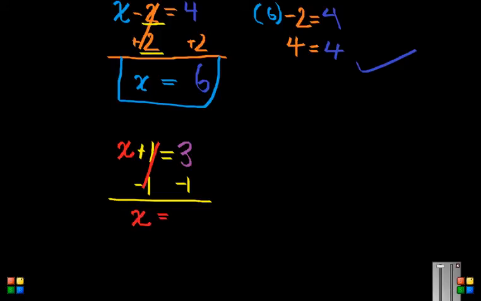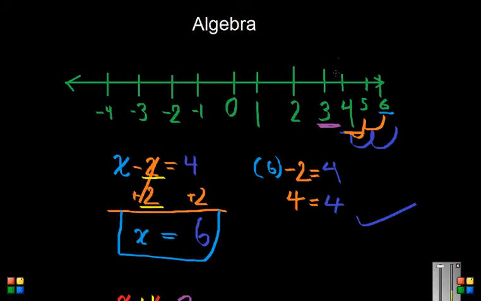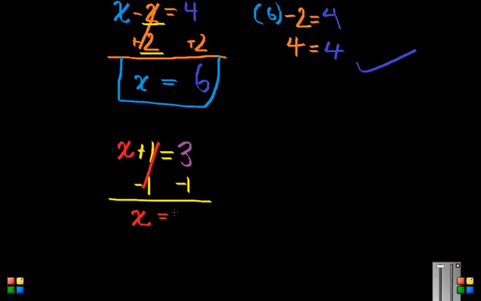Well, where's 3? Here's 3. And whenever you're given minus, you move to the left of the number line. So 3, take away 1, you get 2, because this is one step. So 3 minus 1 is equal to 2.